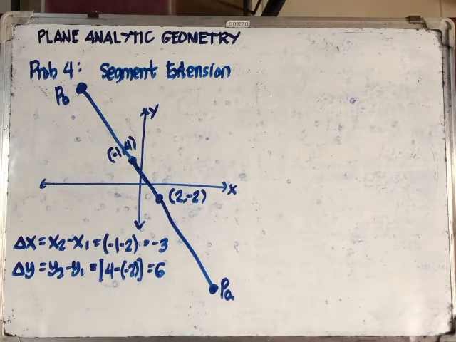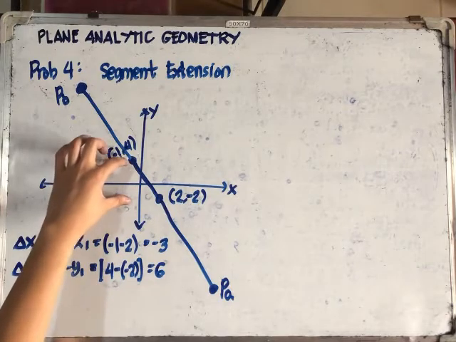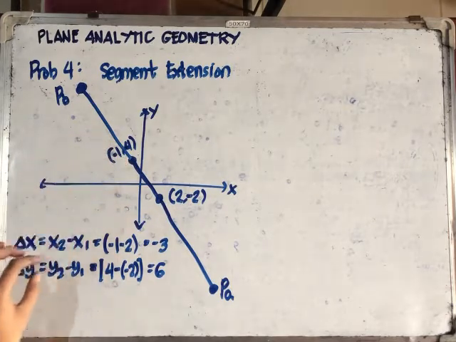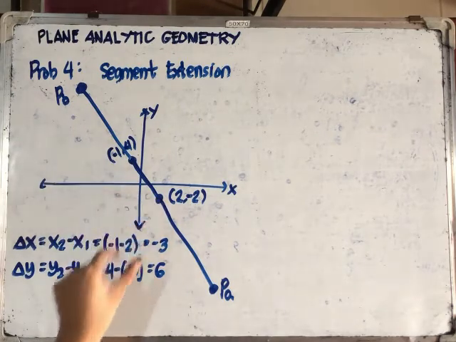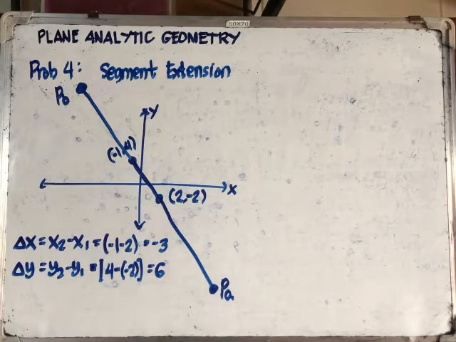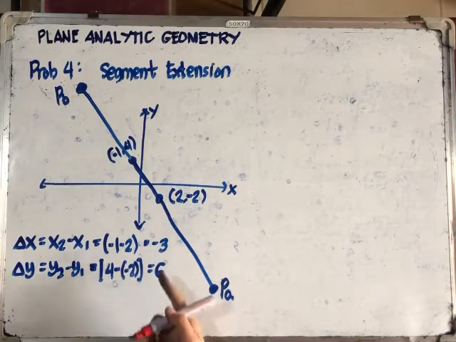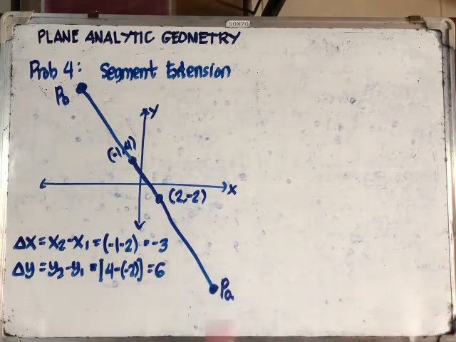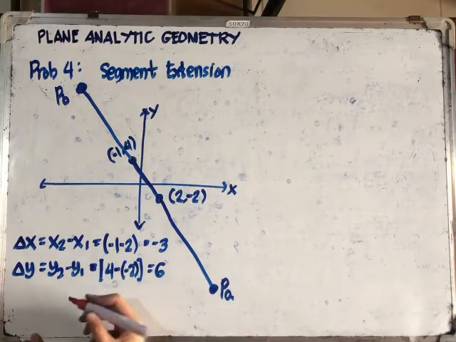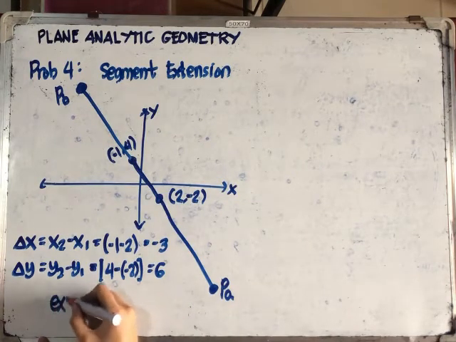Alright, so there's a movement of 6 units along Y, and we have 3 units along X. Okay? So, kung meron tayong 3 units along X and 6 units along Y, therefore, i-multiply mo siya by 3, kasi the extension is thrice. Extended 3 times. Right?